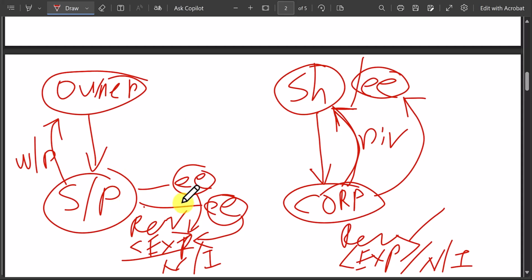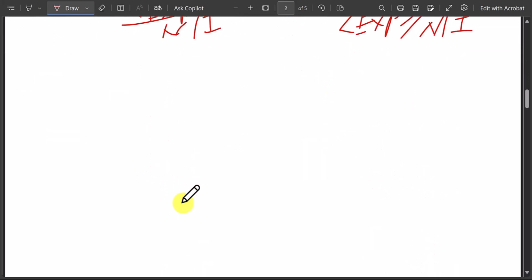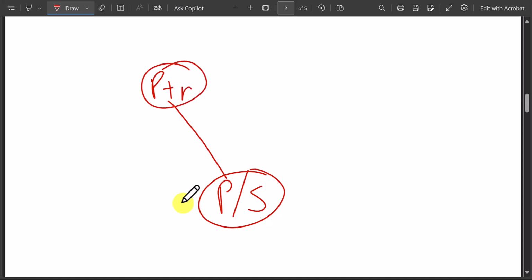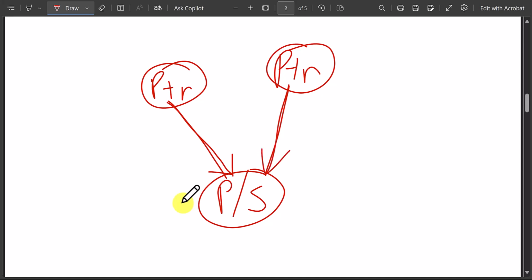Let's go to an example of a partnership that we're studying here in chapter 14. So here's our partnership, and by definition, you have to have at least two or more partners. Here's one partner, here's another partner. The first thing we're going to learn in terms of journalizing here in chapter 14 is that each partner is going to contribute assets into the partnership.